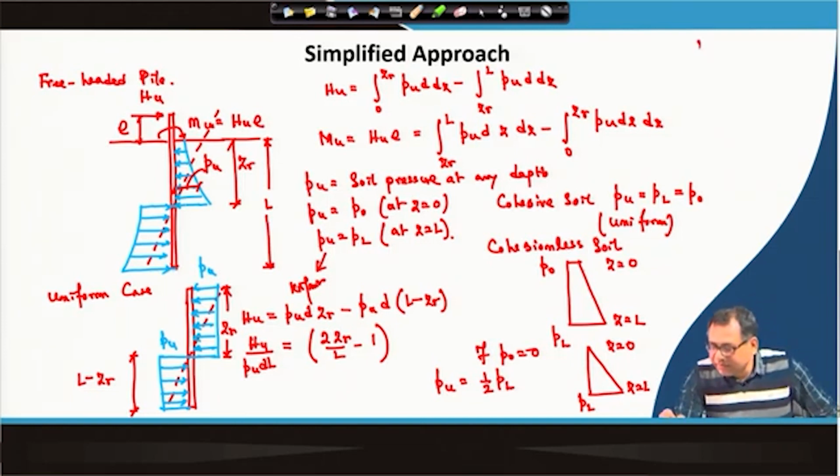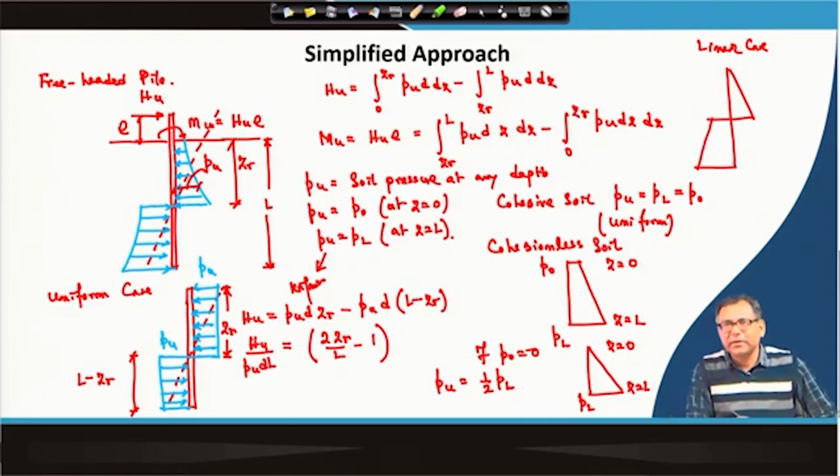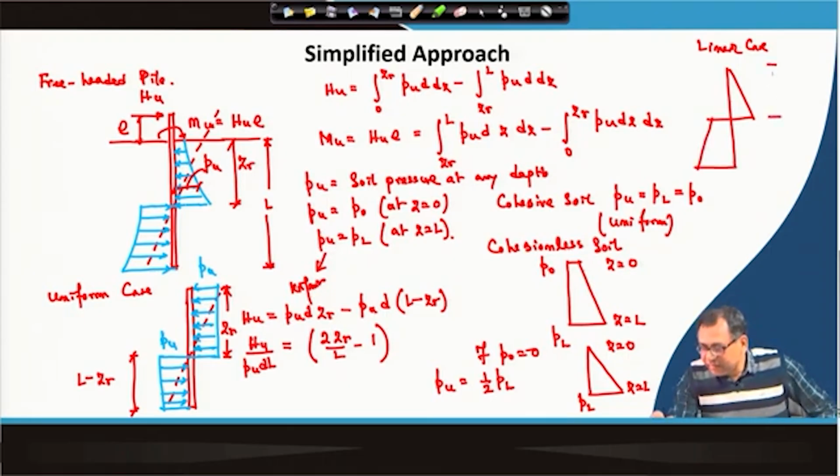So, for the linear case, the distribution will go something like this, then something like that. Here this is Z R and this is P L, this is P Z, and this is the soil reaction.